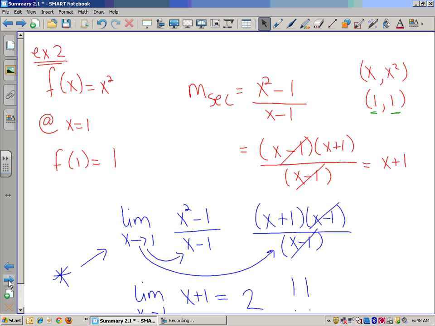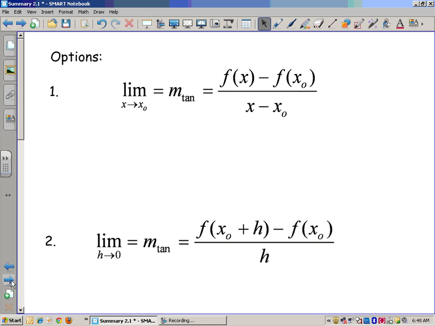So let's take a look at some notation. These are the options, and all of them give us the slope of the tangent line. Number 2 looks the most familiar. It is extremely important that you notice this x naught is the value that I want, so to speak. X is arbitrary; that's just telling me I'm dealing with x, the thing I'm changing, the input.